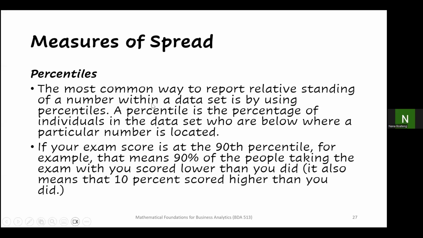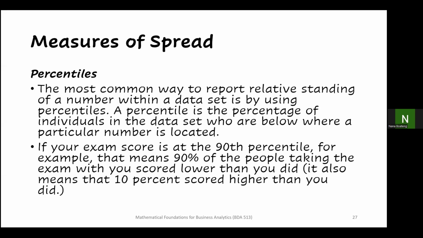So let's look at other aspects of measures of spread. Let's look at percentiles. Sometimes you want to report based upon relative standing, and one of the best ways to do that is to use percentile.